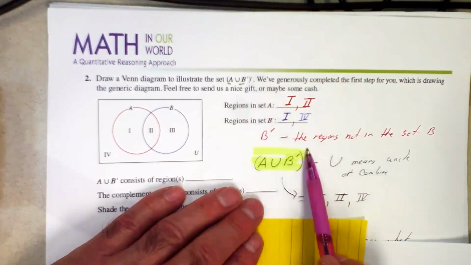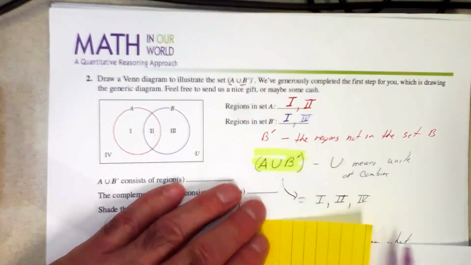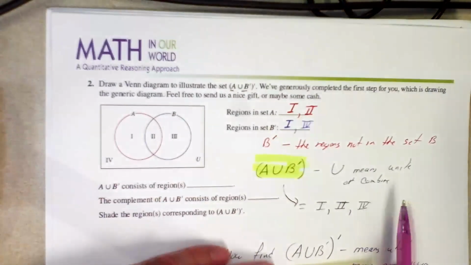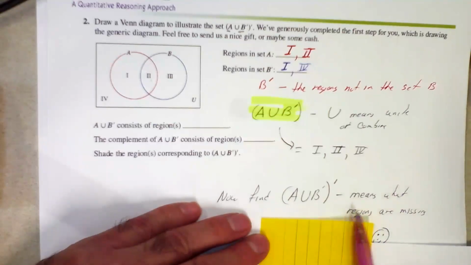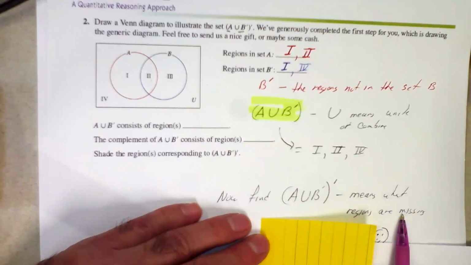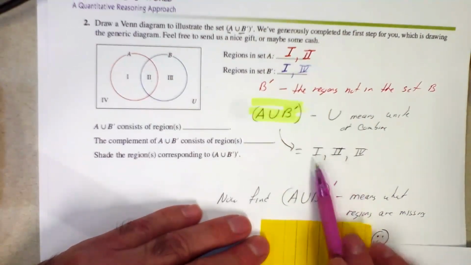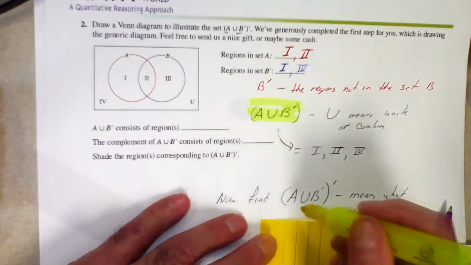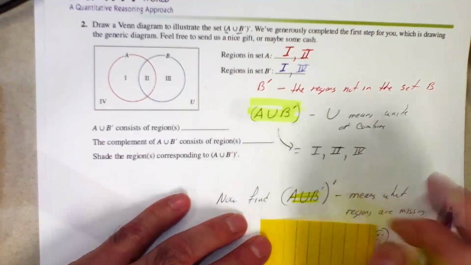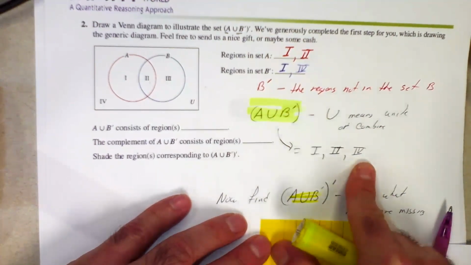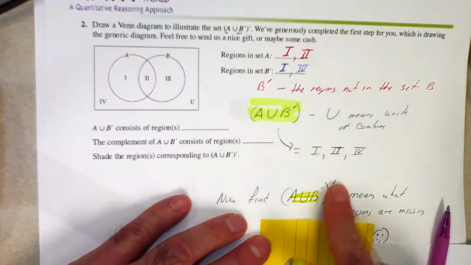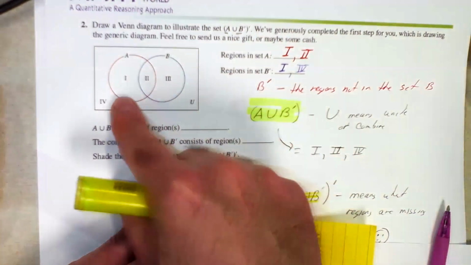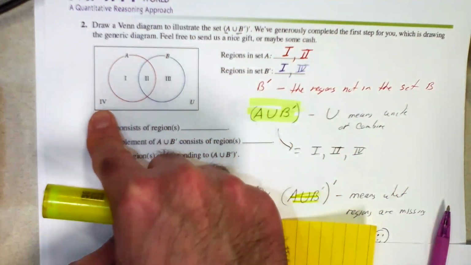So I want to put a little tick mark at the end there. And that tick mark again, what does that mean? The tick mark means what regions are missing. So if I have in my yellow 1, 2, and 4, which ones are missing from my picture?